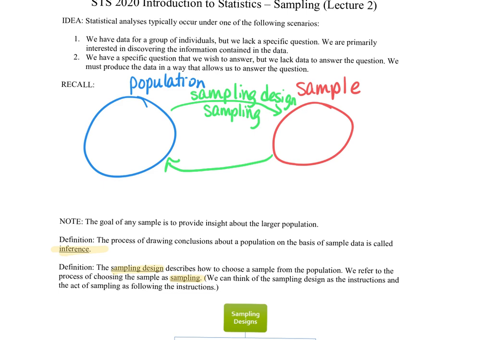Inference. Good. You have your inference. And you can also make your conclusions. Very good. Okay, I see you writing, so I'll give you a second here.